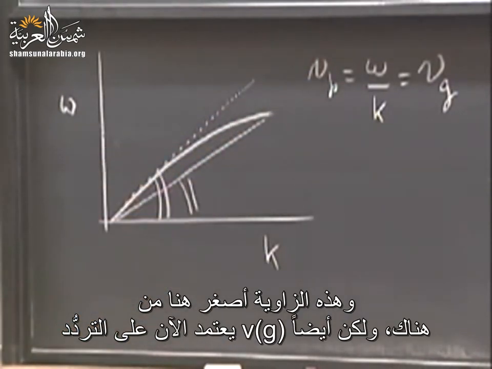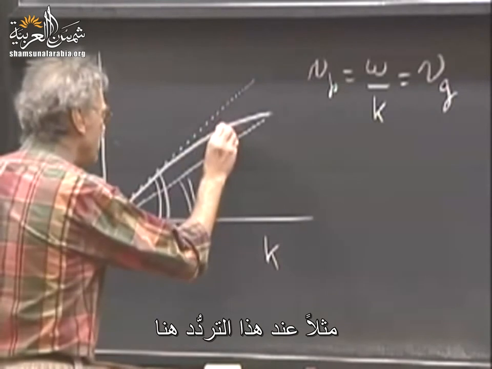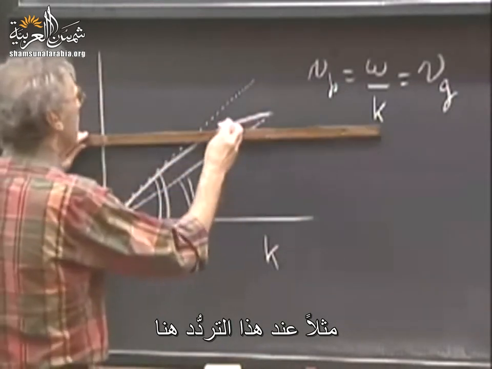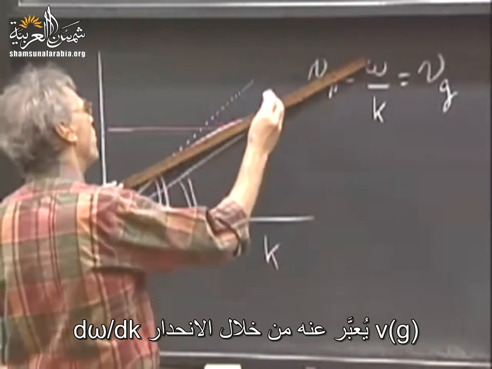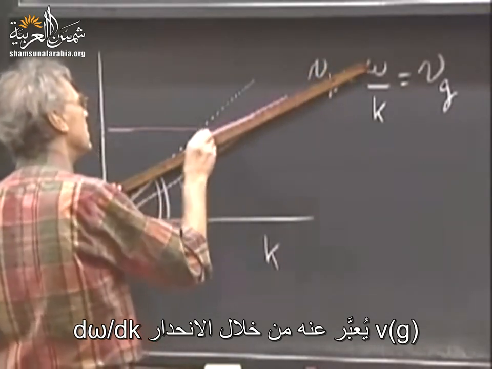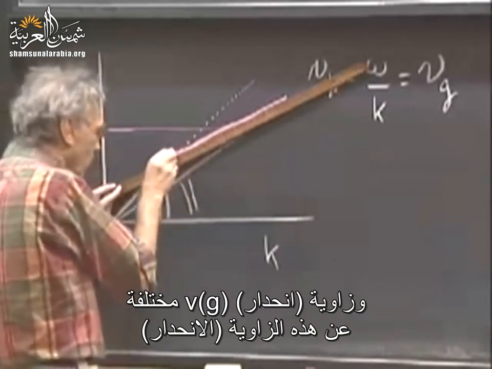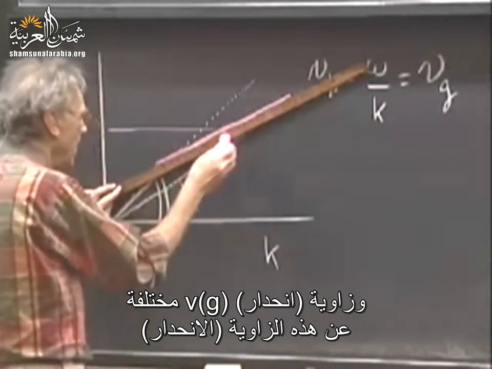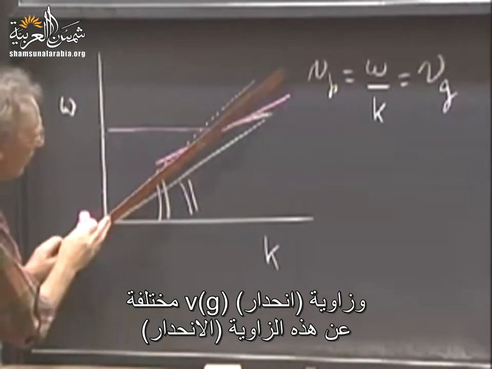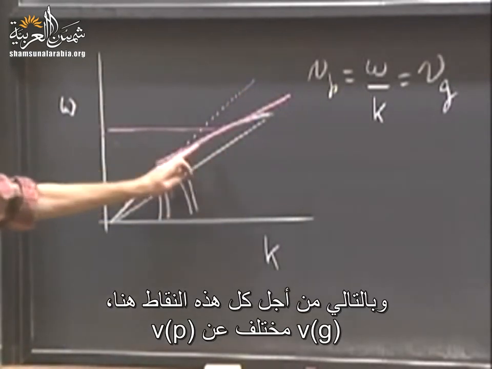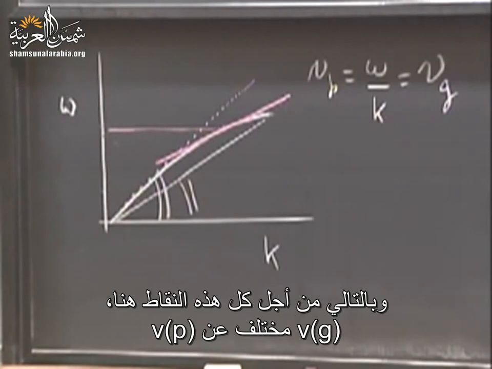But the group velocity is also dependent now on frequency. For instance, right at this frequency here, the group velocity is given by the slope, d omega/dk. And that group velocity has a different angle, a different slope, than this slope. And so you see that for all these points here, the group velocity is different from the phase velocity.